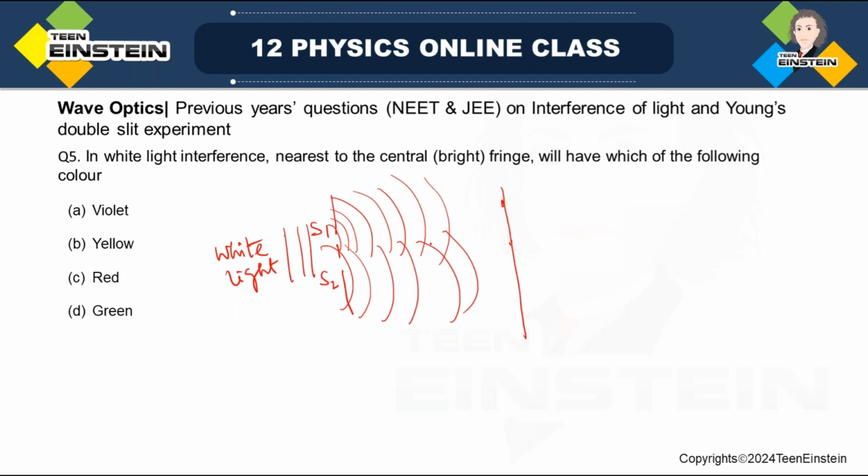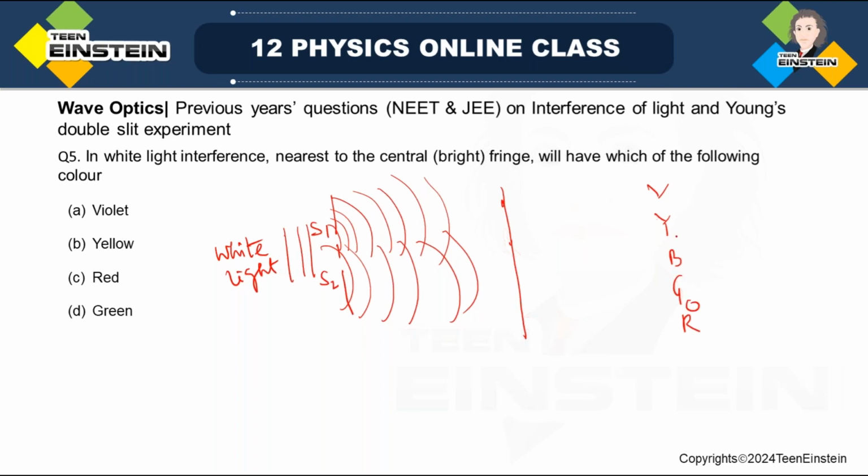So you know this white color, you have VIBGYOR, right? Violet, indigo, blue, green, yellow, orange, red.